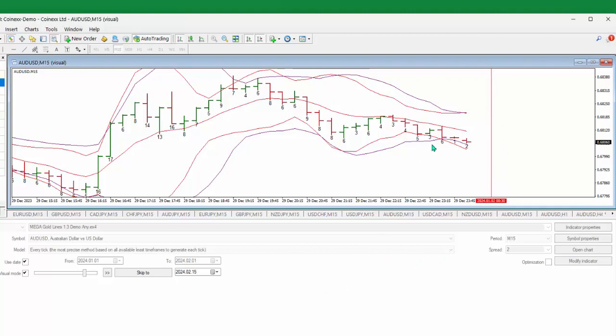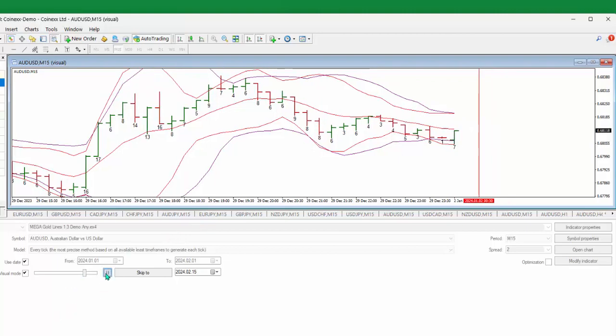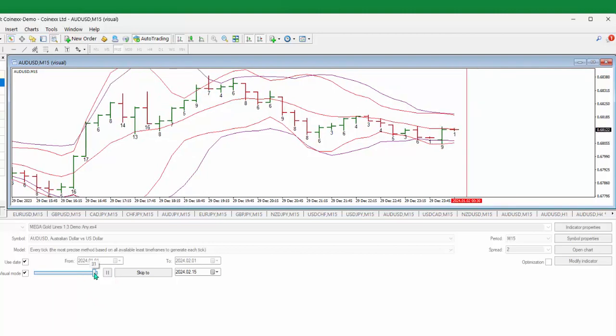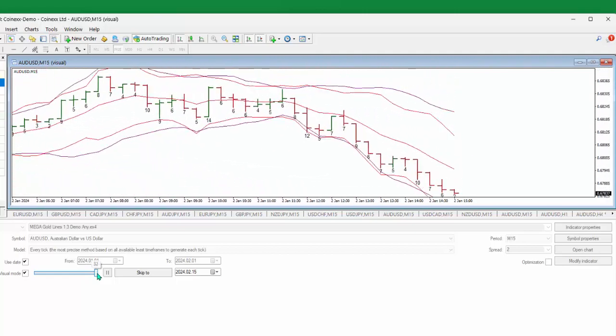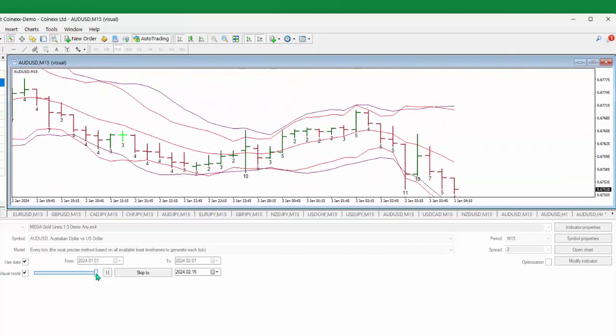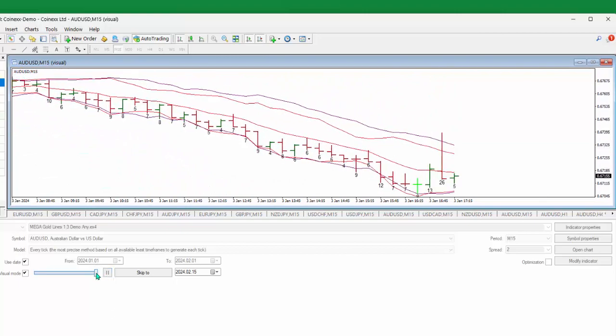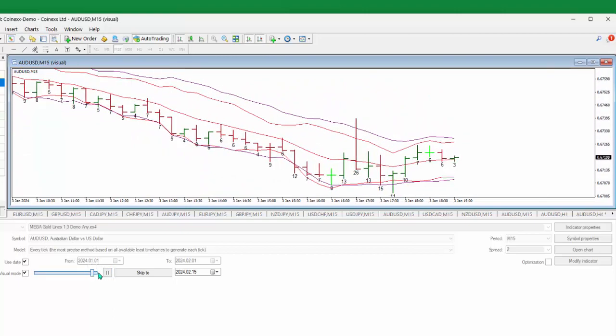Okay, now that I have the chart the way I want it, I'm going to turn it back on, and to speed it up even more, I'm going to change this setting here to make it run really fast. Okay, but actually that might be a little too fast because I want you guys to be able to see.